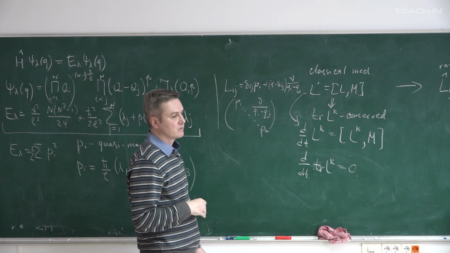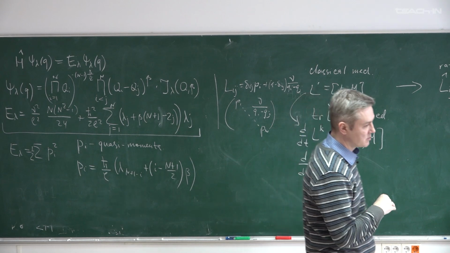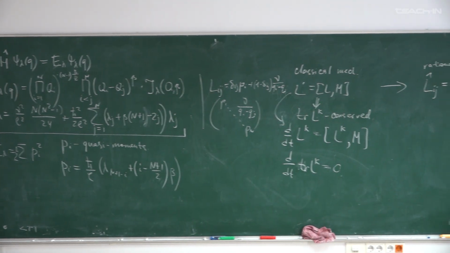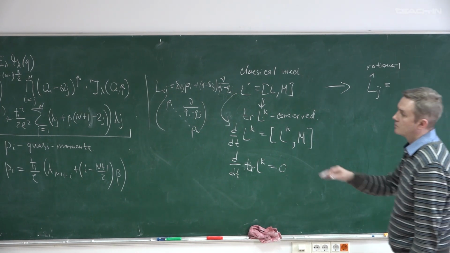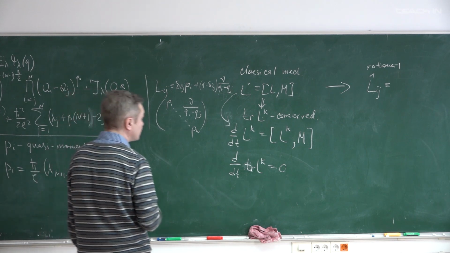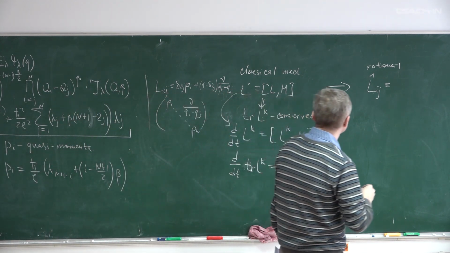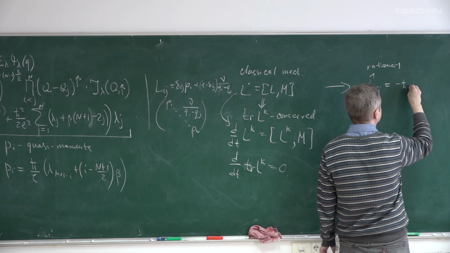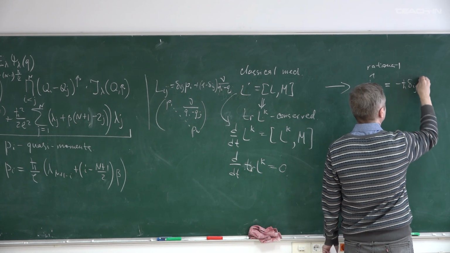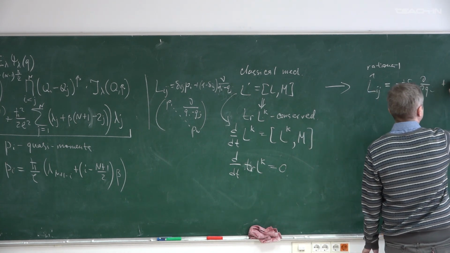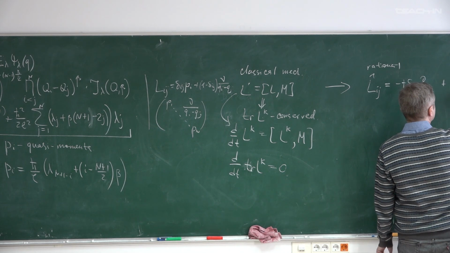For example, let us work in coordinate representation as we did previously, when we were looking for these eigenfunctions, wave functions. Then we just need to quantize our momenta, and the diagonal term is just the same.